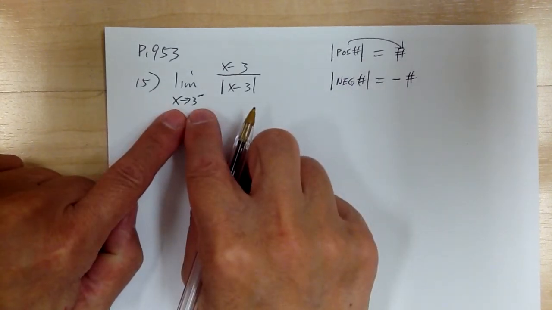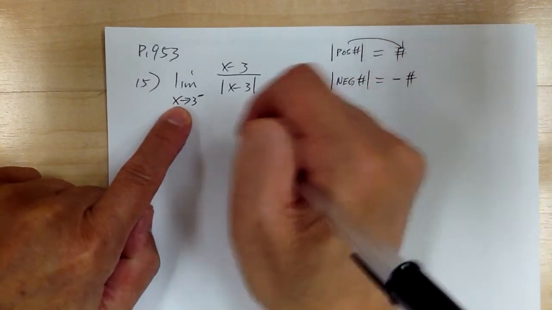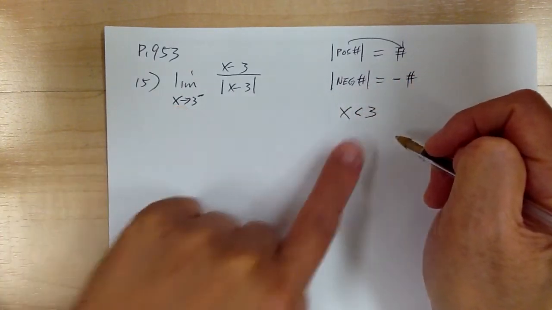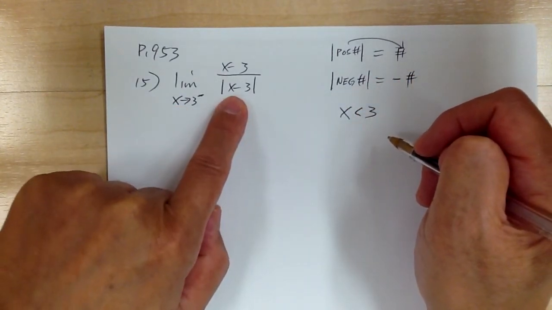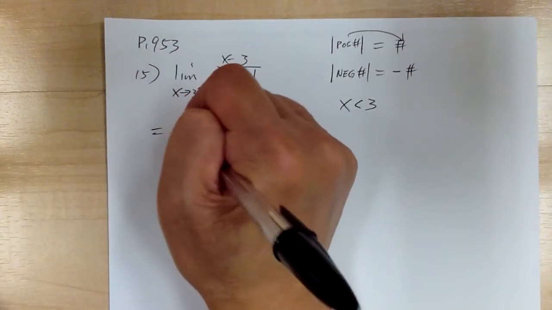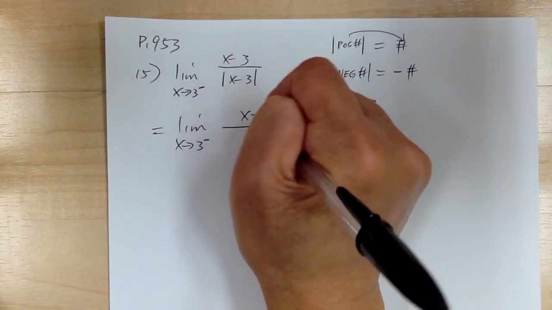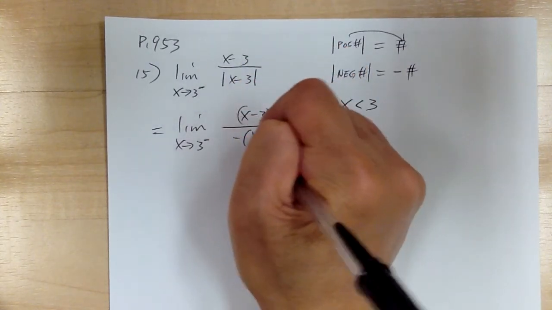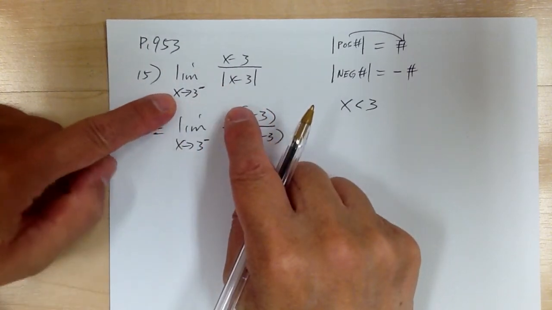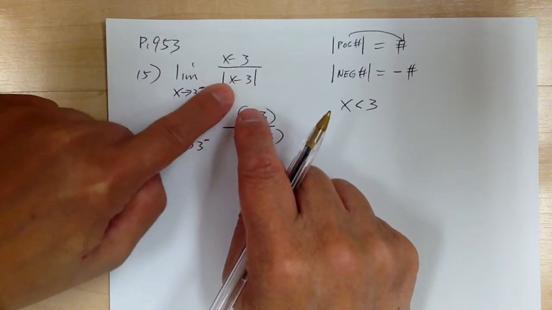So if you notice that x comes to 3 from the negative side, that means on the number line, x is less than 3. Now, if x is less than 3, therefore this is negative. That means this has to take the opposite of that. So this is equal to the limit of x approaching 3 from the negative side, and this becomes x minus 3, and you have to take the negative of that, because x is less than 3. When you come from the negative side, x is less than 3, so this will become negative.